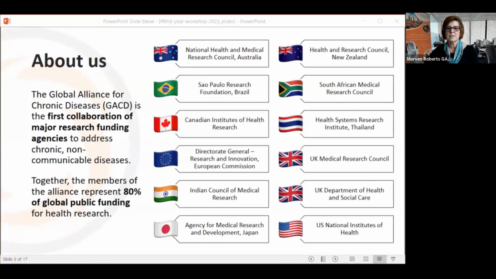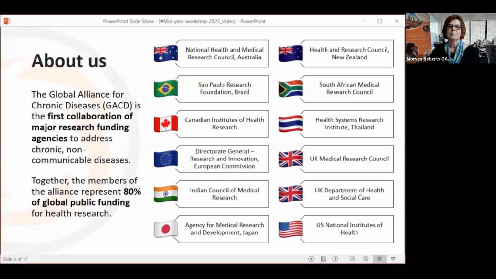And the flags depict the countries in which those agencies are based. But of course, we also have the European Commission, which covers multiple countries. And we have FAPESP, which is particular to the Sao Paulo state in Brazil.